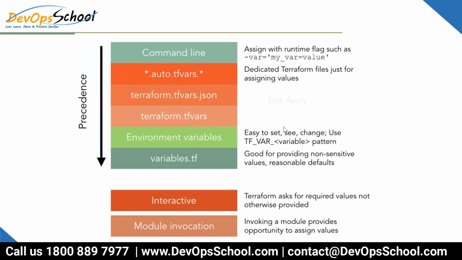So which one will have the highest precedence? Correct? Precedence you might have studied in college, in programming languages, you know. So which one will have the highest precedence? I think you have the answer in front of you. I don't need to answer. Got it? Which one? What do you think?